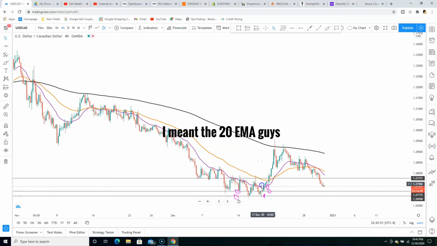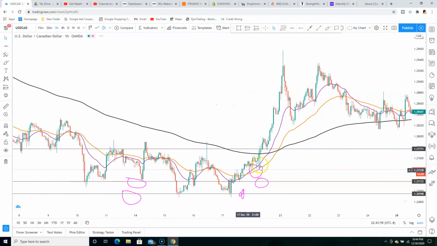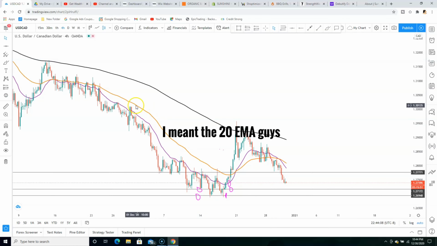So you go back to your 1-hour time frame. Then you can place your trade, because on the 4-hour time frame, price is above the 200 EMA, but price is still below the 50 EMA.